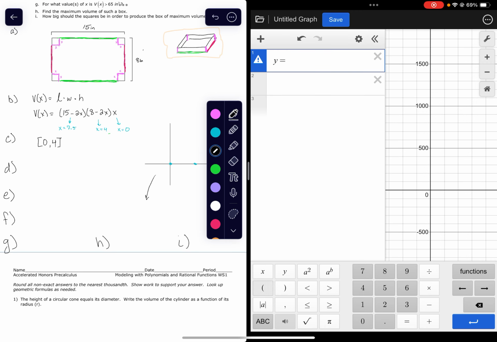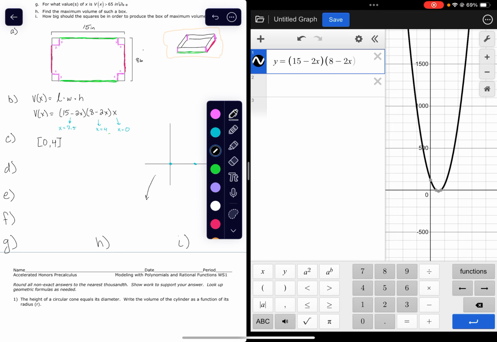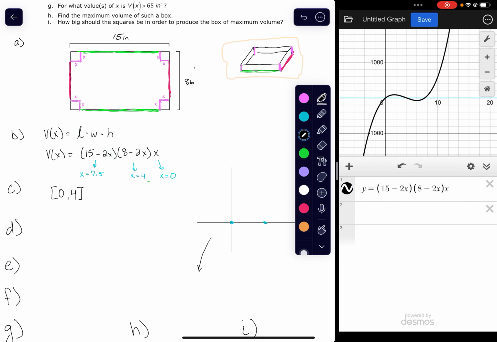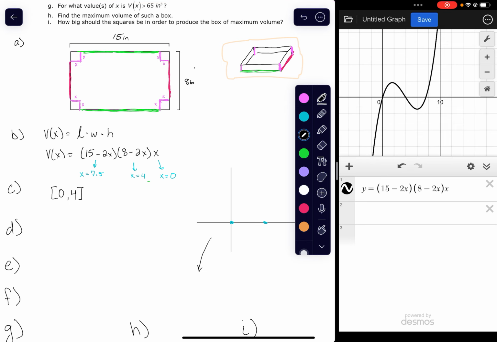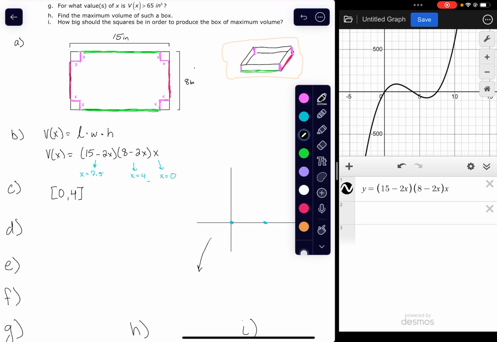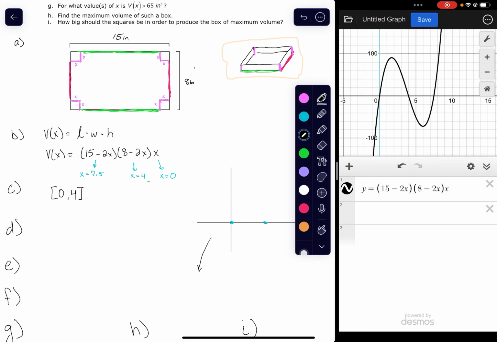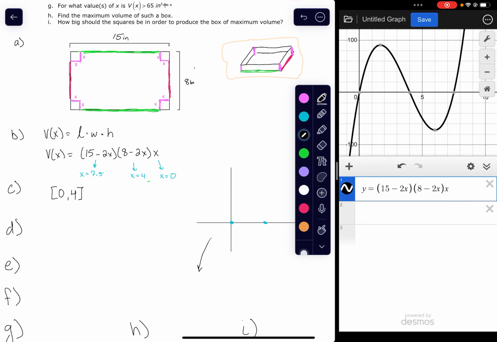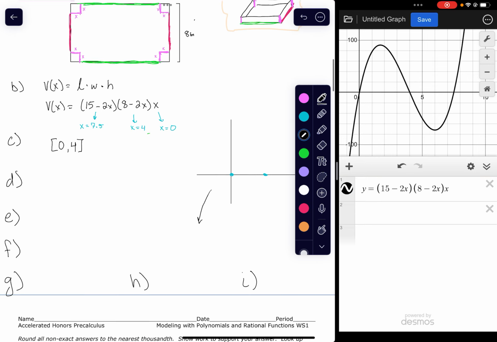Y equals the quantity of 15 minus 2x, close the parentheses, times the quantity of 8 minus 2x, close the parentheses, times x. I'm going to adjust my window a little bit here. So it fits perfectly. Very nice. And I see that my window for the domain does make sense.